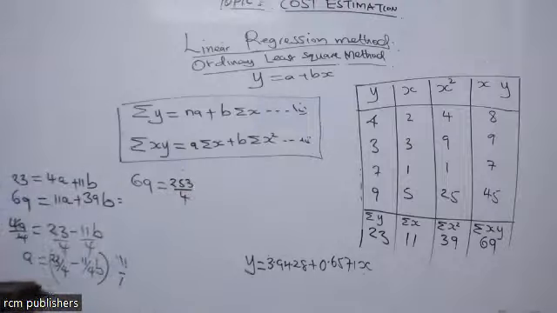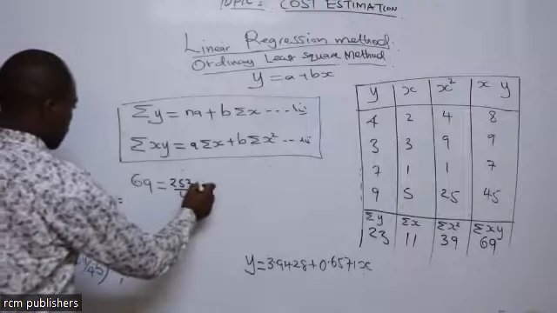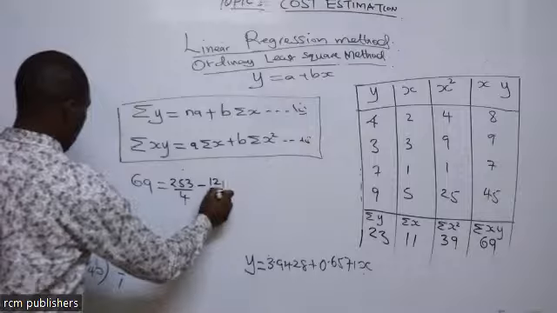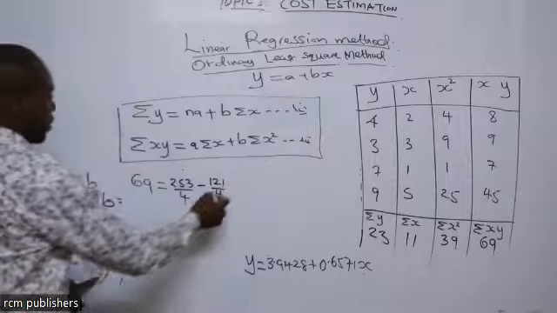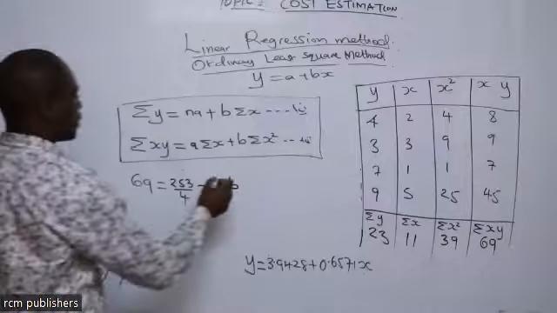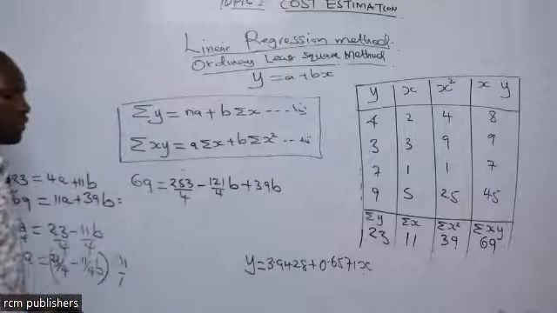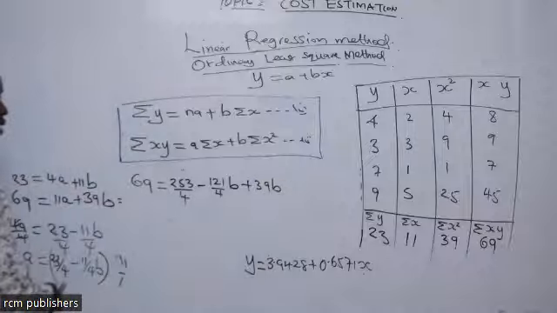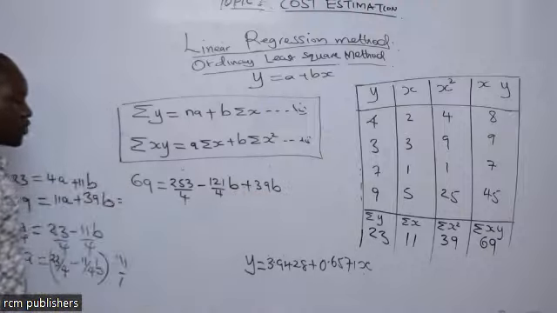Then minus 11 by 11, 121 over 4. But what is the value next to it? B. Then plus 39B. That's all. I've eliminated A. I now only have one unknown. So I collect like terms together.